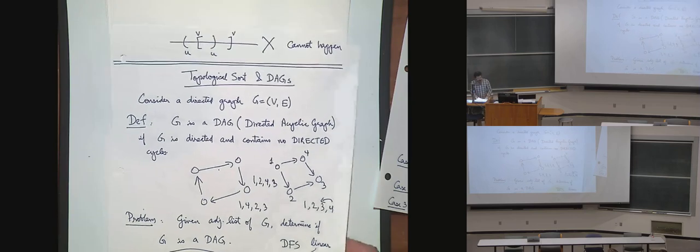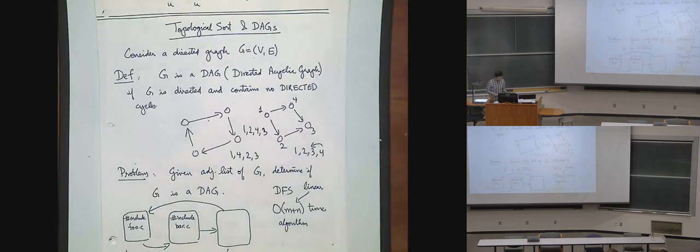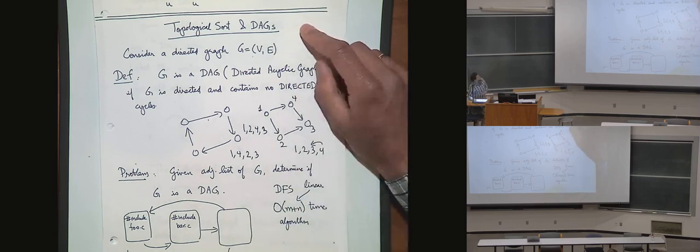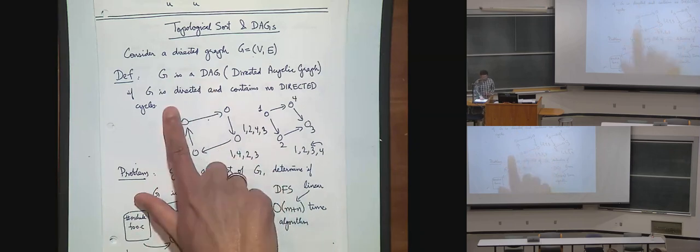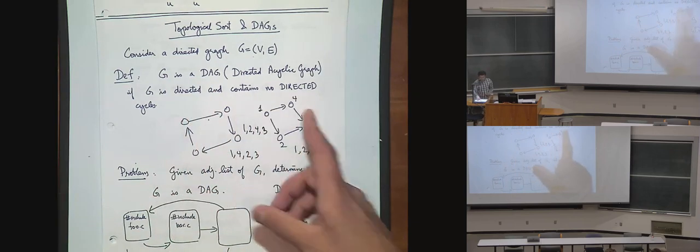So what is the utility of having these definitions? The applications that we'll talk about today are on topological sort and DAGs. So what is a DAG? A directed acyclic graph: G is a directed graph and contains no directed cycles.